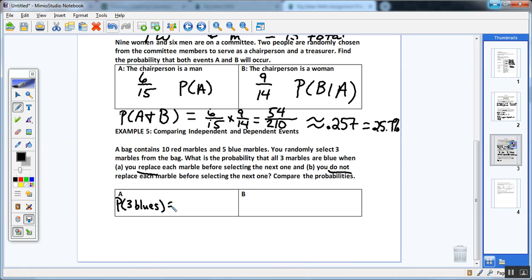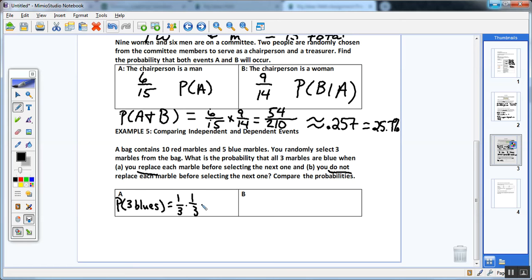So probability I get a blue on the first draw is what? Okay, I'm going to put that blue back in the bag. Sample space the same or different? Same. So what's the probability on the second one that I draw blue? 1/3 again. So 1/3 times 1/3. Put that blue one back in there. And I say, on that third draw, kids, what's the probability that you draw blue?